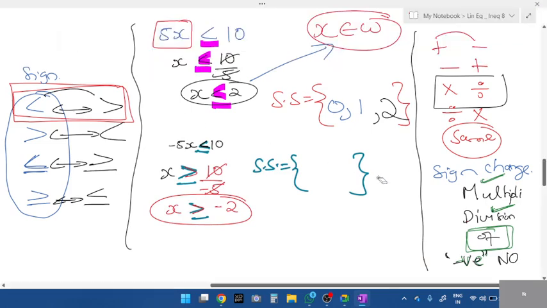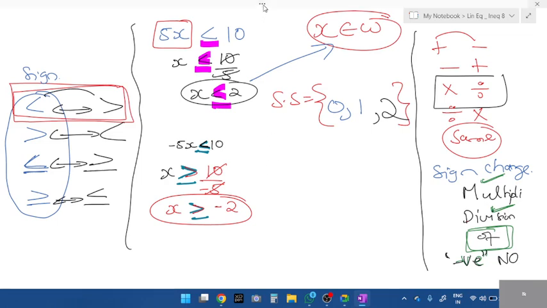Response, students. Should I consider even minus 2? Equal to is given, right? Equal to.